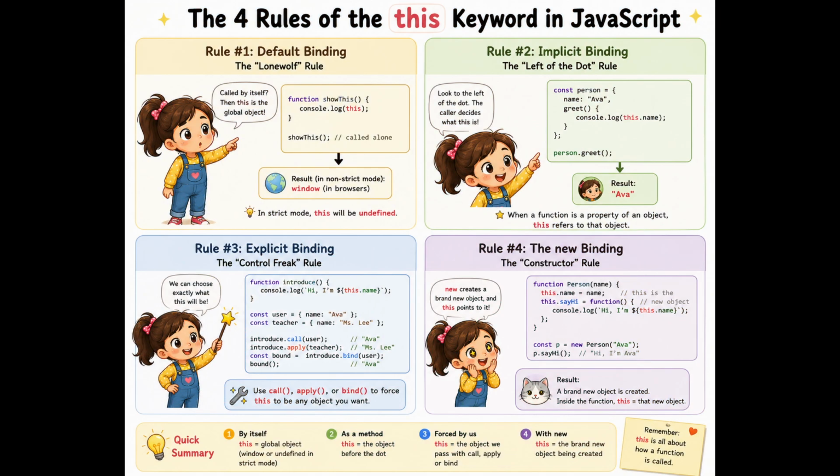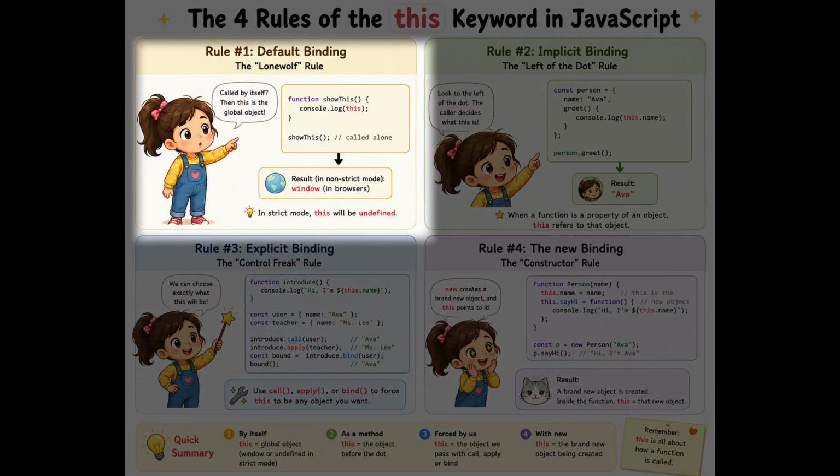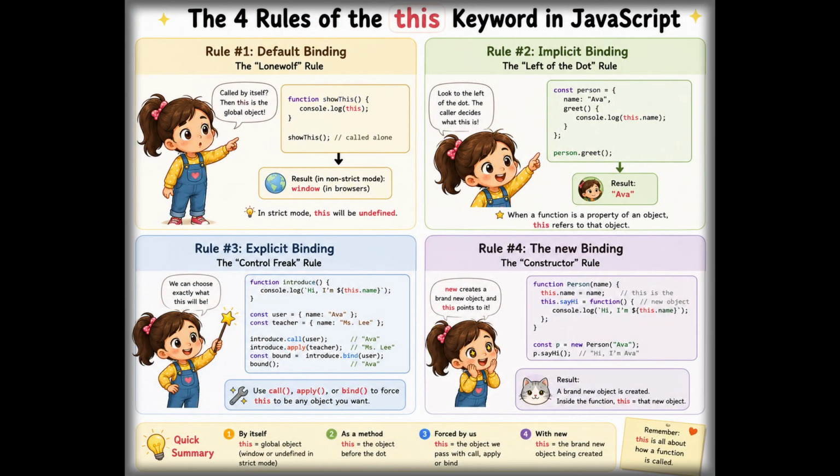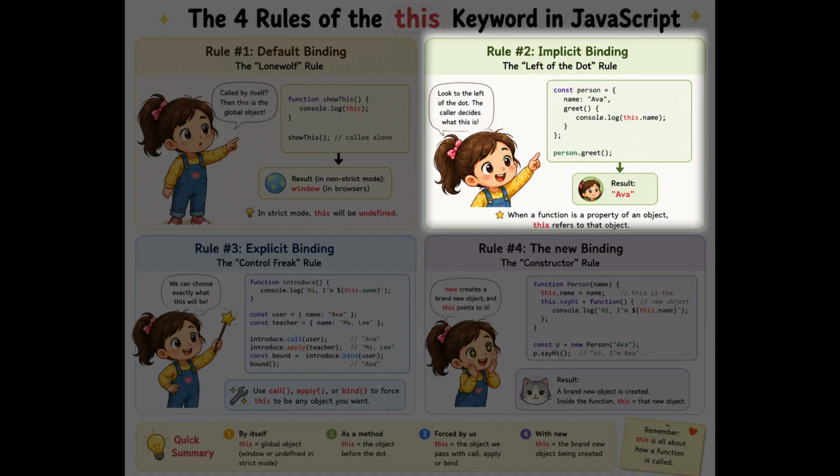And there you have it, the 4 rules of this plus the arrow function trap. Let's do a quick mental recap. Rule number 1, default. Just a regular function, global object, or undefined. Rule number 2, implicit.